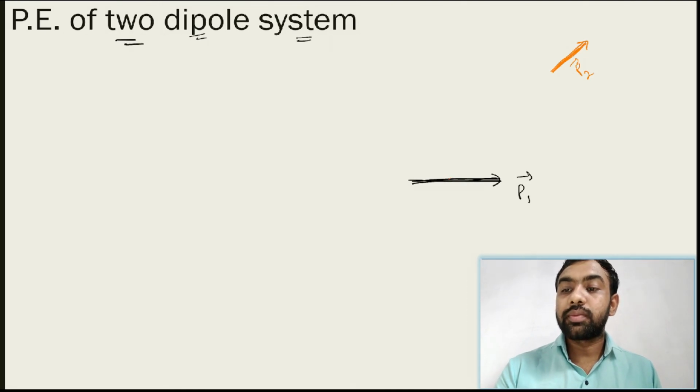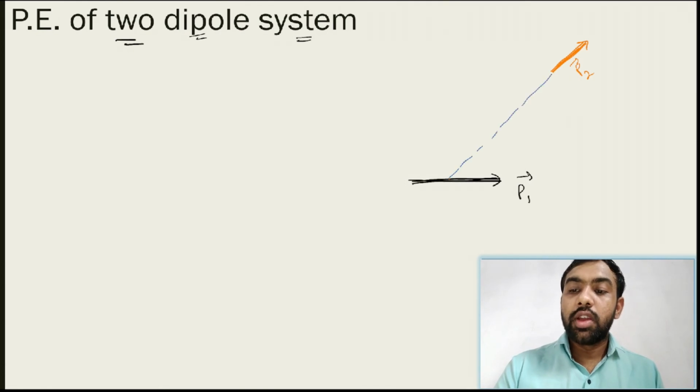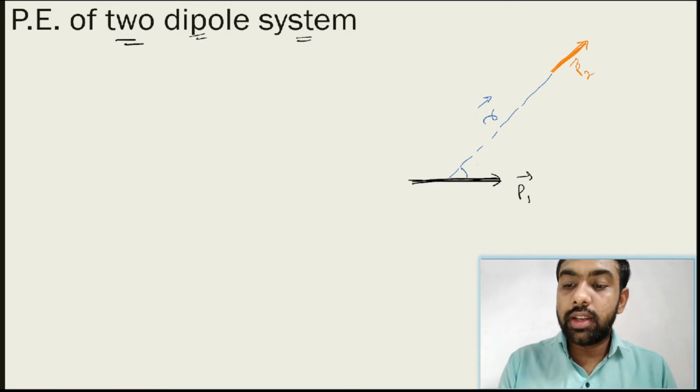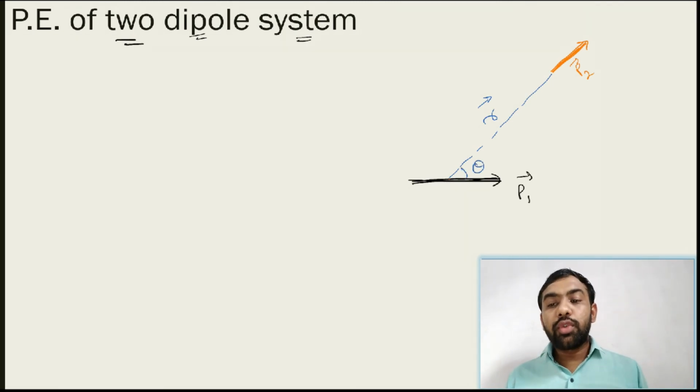So we get this answer, we are just using this different pen. Let's see. Okay, you consider this position vector is supposed to be r and this angle is theta. So if you have to find out the potential energy of the dipole system, then here we can say that the dipole P2 is in the electric field of a dipole P1.